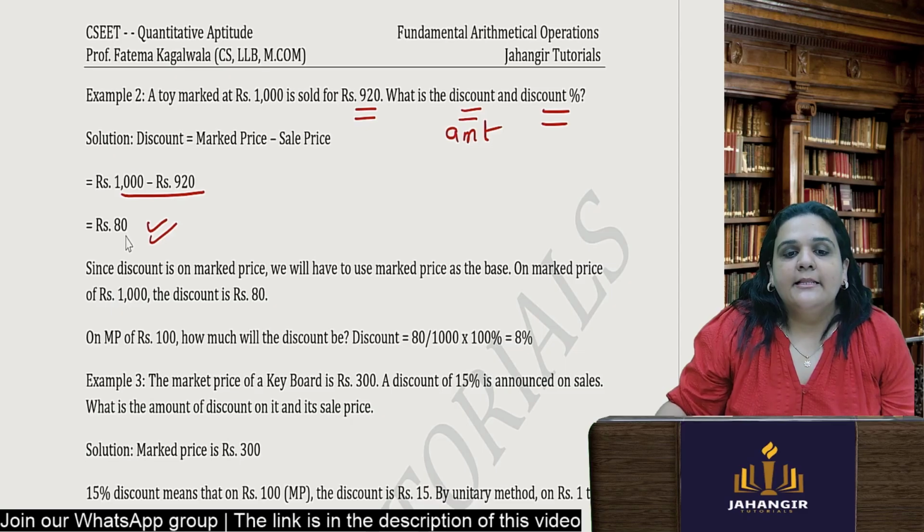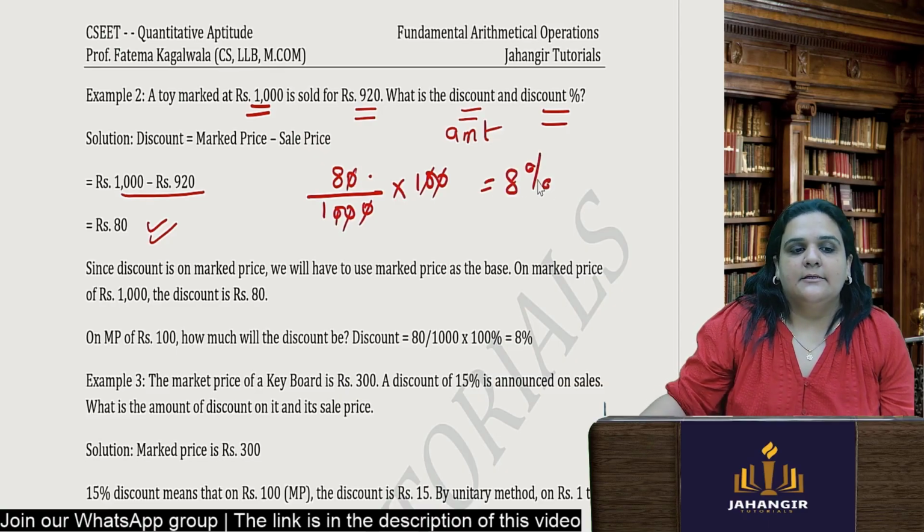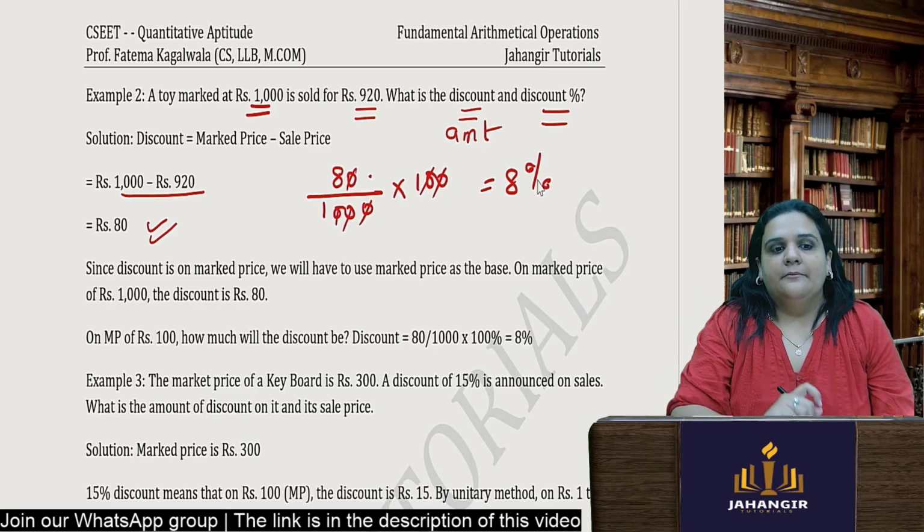How will I find the percentage? Percentage I will always take as value upon the base. Base will be your actual price, into 100. 8%. All the zeros I cancelled. 8% is the discount rate.